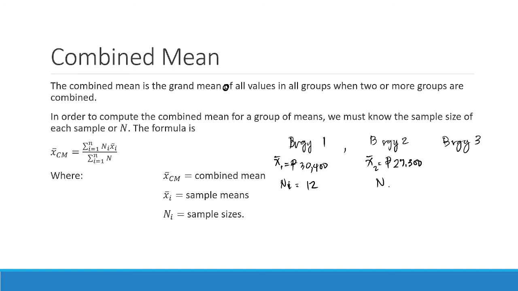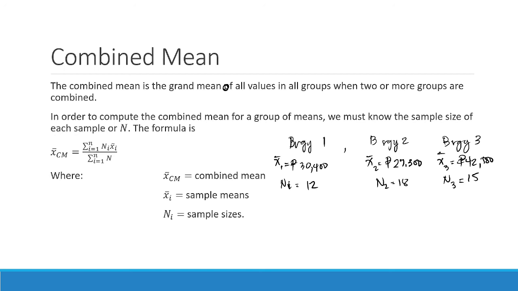Tapos yung number ng household na sinample ay 18. Tapos let's have here x-bar 3, say mas mayaman, 42,500. Then ang number ng samples natin sa barangay 3 ay 15.